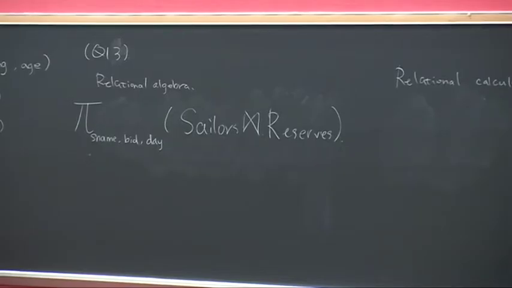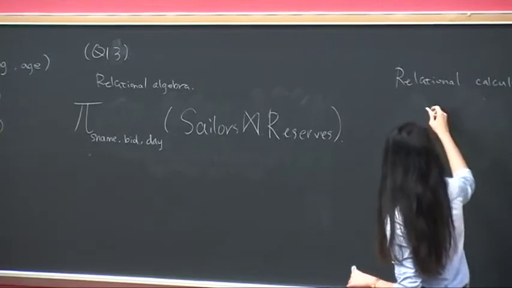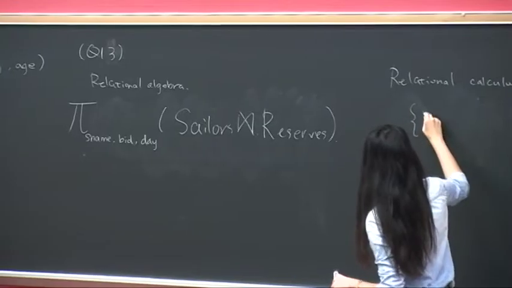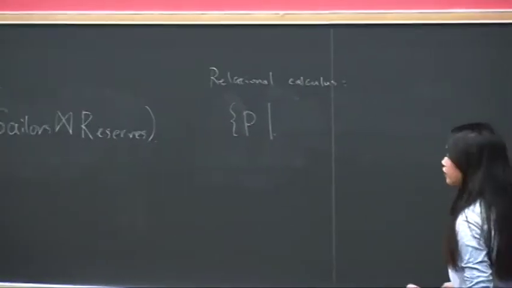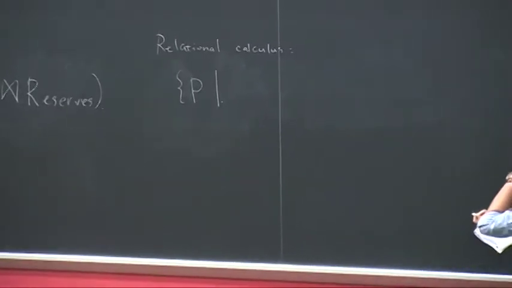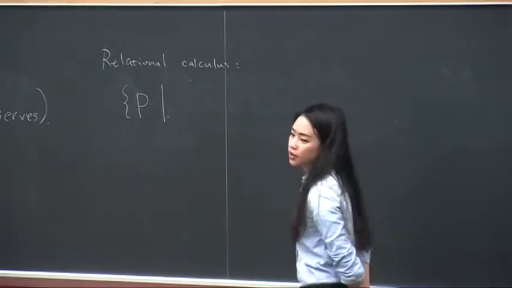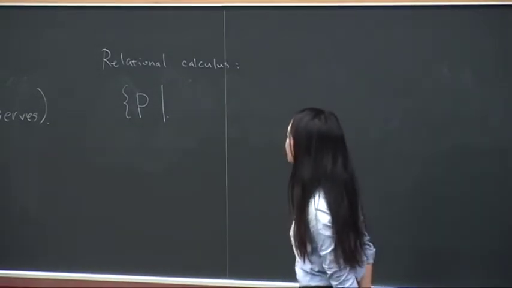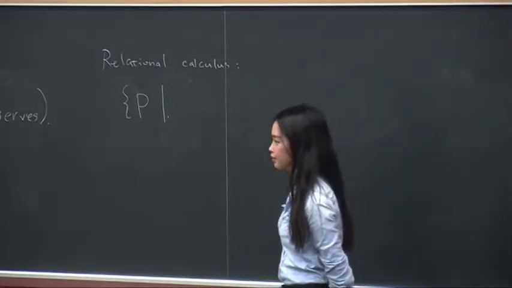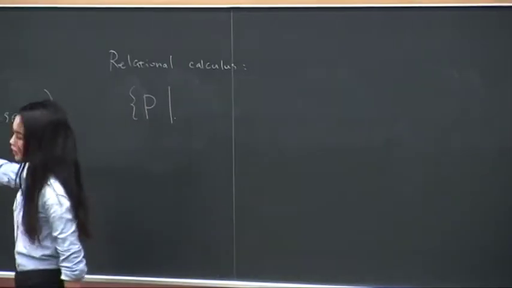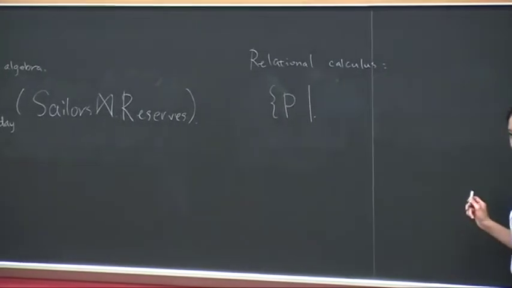So let's think about how the relational calculus will be then. We also start from a P, that would be the tuple variable, or we say the result relation. And if we want to follow the same way we did in the previous query, how will we start? Take a look at here, we have two relations involved. So what will be the first thing you want to write down?